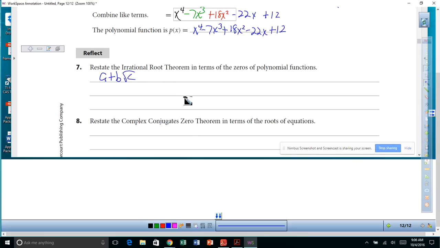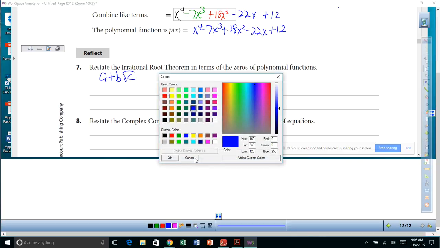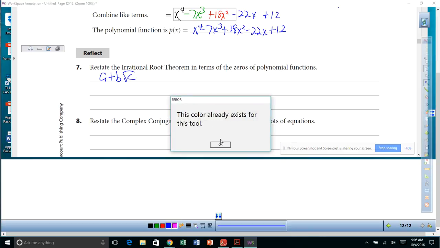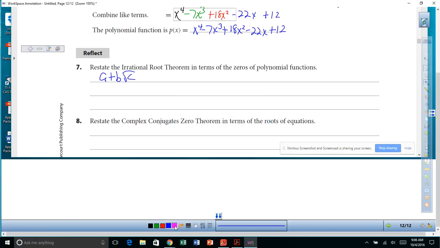They come in pairs. So if you have a plus b times the square root of c, you'll also have a minus b times the square root of c. They come in pairs. Restate the complex conjugate zero theorem in terms of roots and equations.